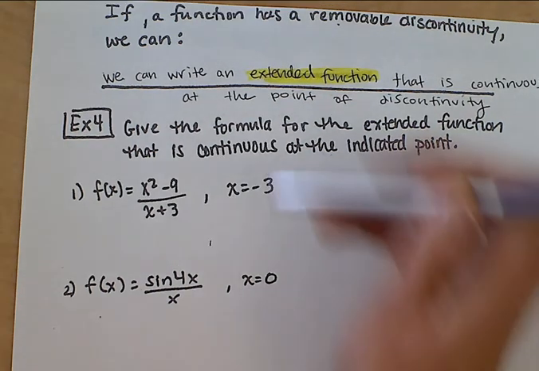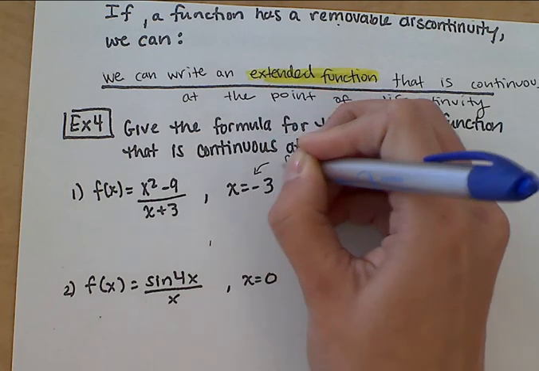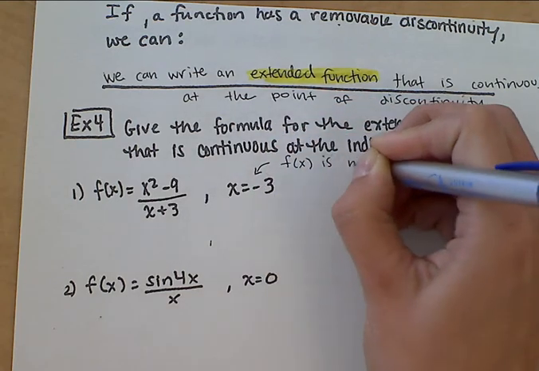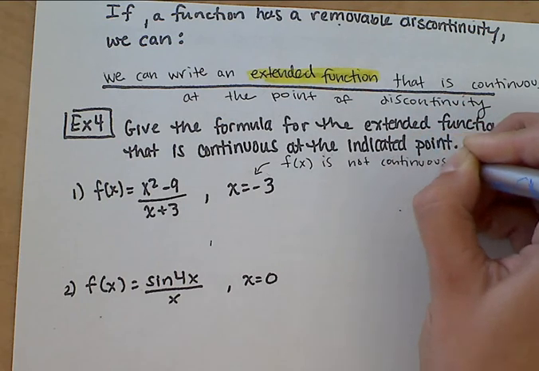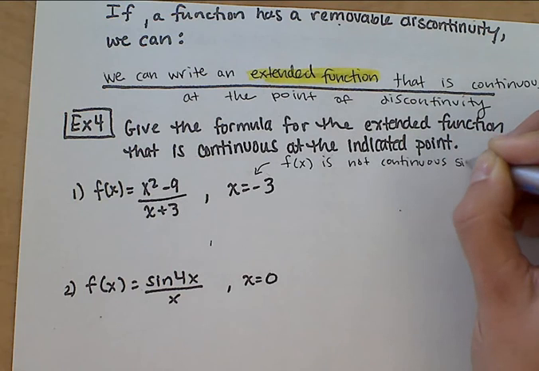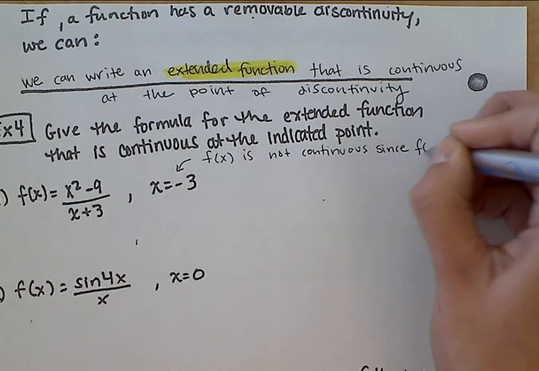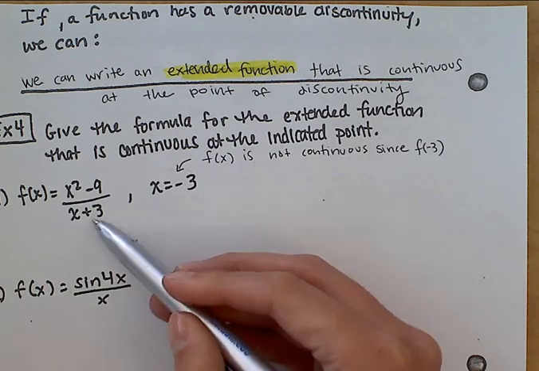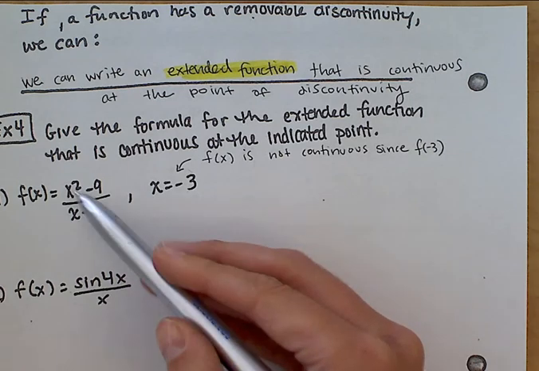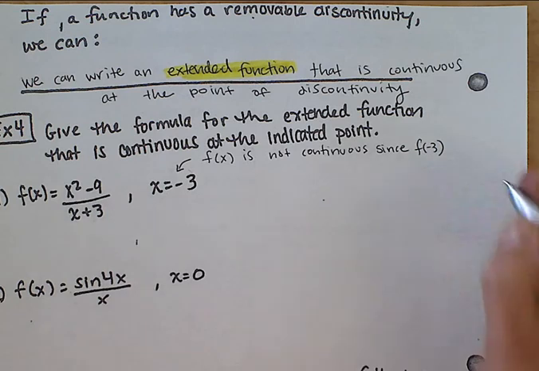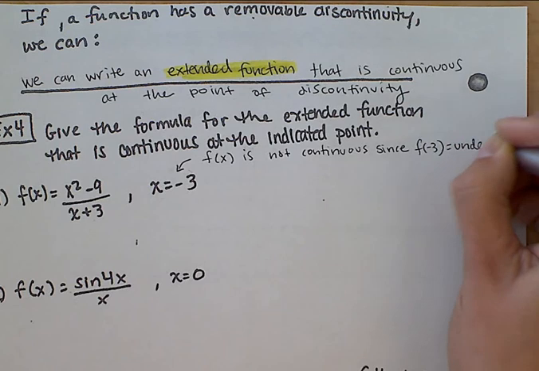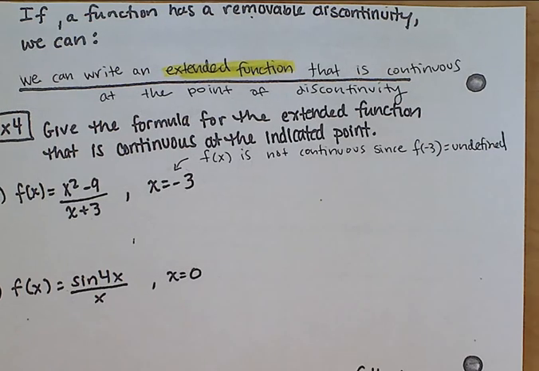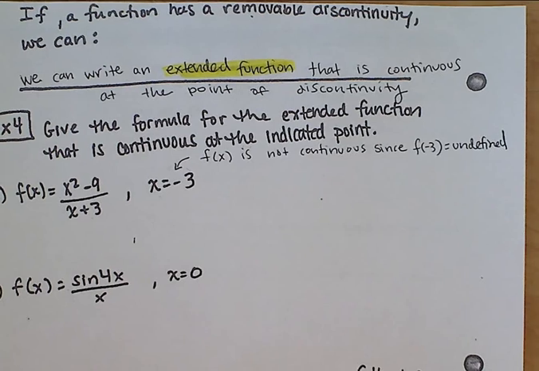And the reason why is we know that f of x is not continuous right now, since if we plug in -3 here, we get 0 over 0. So this is undefined.